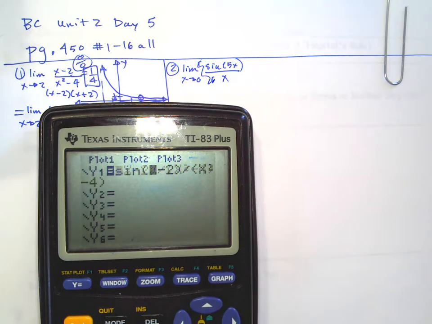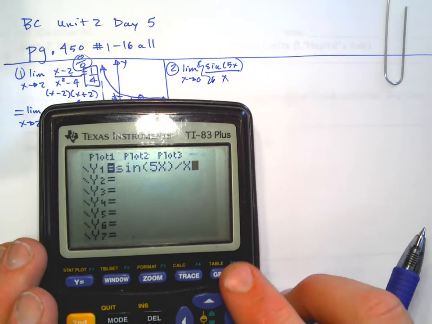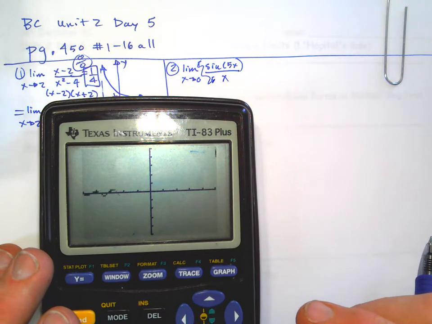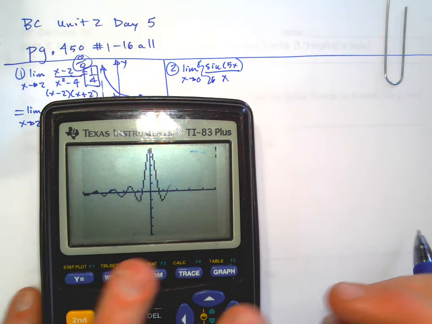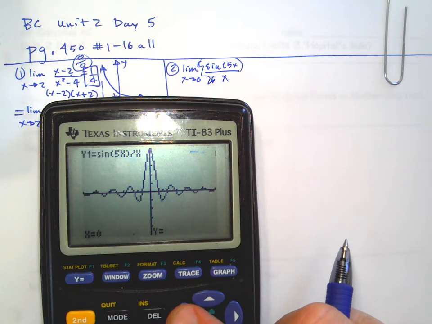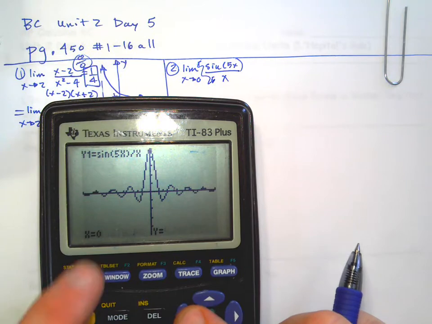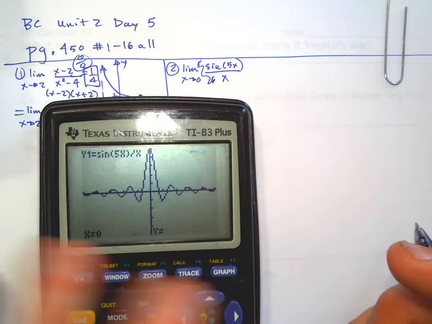So sine of 5x divided by x, and we'll go with the same window for right now. We'll decide if we want it, and we're approaching 0. So it goes up there. So we can do trace. As it gets close to 0, it looks like it's getting close to 5, and right at 0, it's nothing. There's a hole.